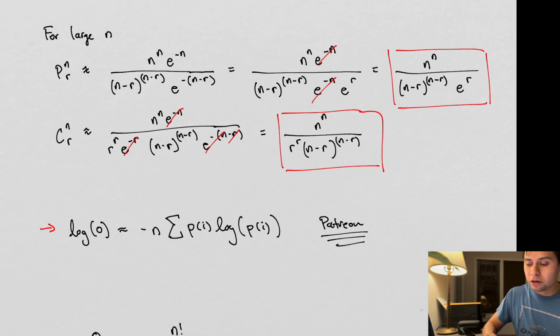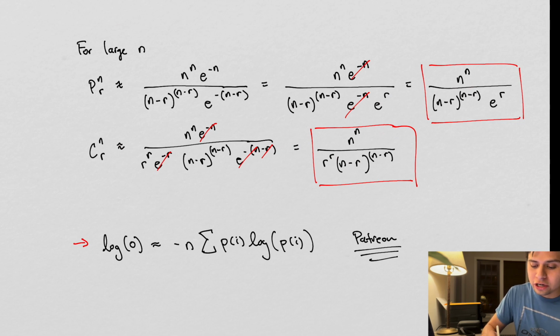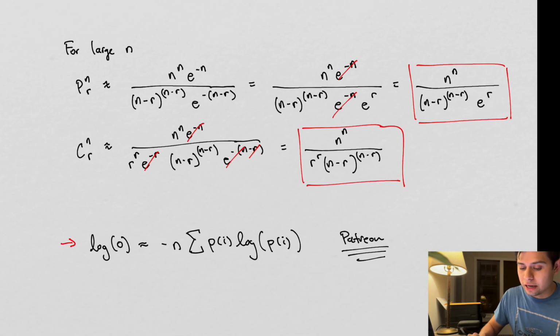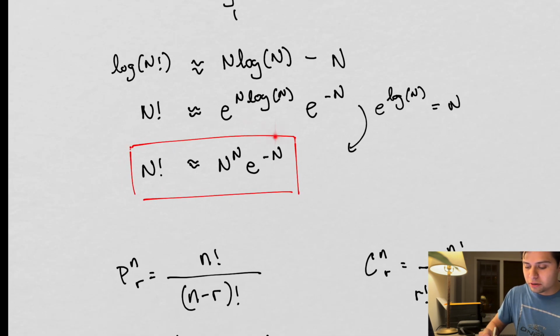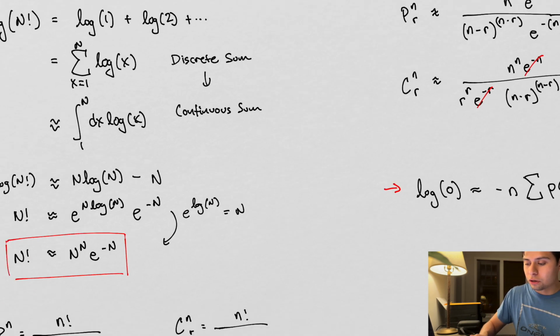Now for Stirling's approximation, for large n this would be very hard to do because factorials get large pretty quick. So the idea is that for large n, we can approximate the number of permutations and combinations by using Stirling's approximation. If we recall, Stirling's approximation is this. Now I'm not going to go through all this in detail.